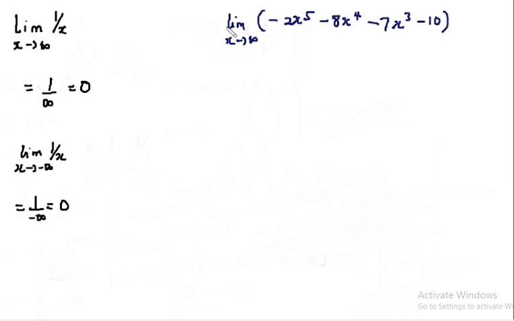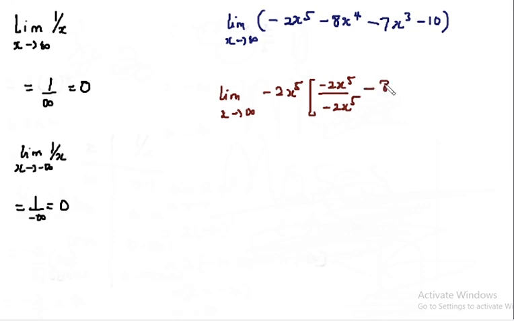So I'll have to write this limit. I'll say the limit as x approaches infinity is minus 2x to the power of 5, open brackets. You have minus 2x to the power of 5 over minus 2x to the power of 5.